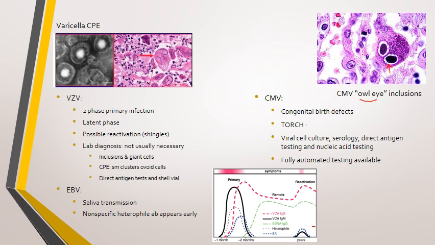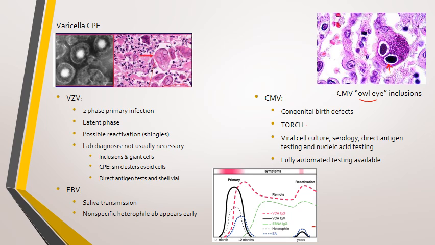Then we have CMV, which is usually a non-specific, not very dangerous disease in adults. However, if a mother contracts this while pregnant, it can be a very common cause of congenital birth defects. And for that reason, this is included in a serological panel called the TORCH panel.